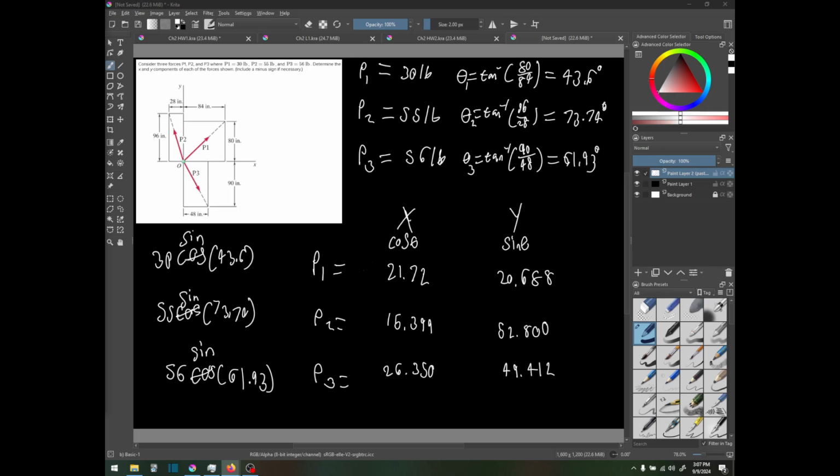And then the 56 sine and cosine. The cosine is 26.350, and then the y is going to be 49.412. And yeah, that should pretty much be it. There's the x and y components.